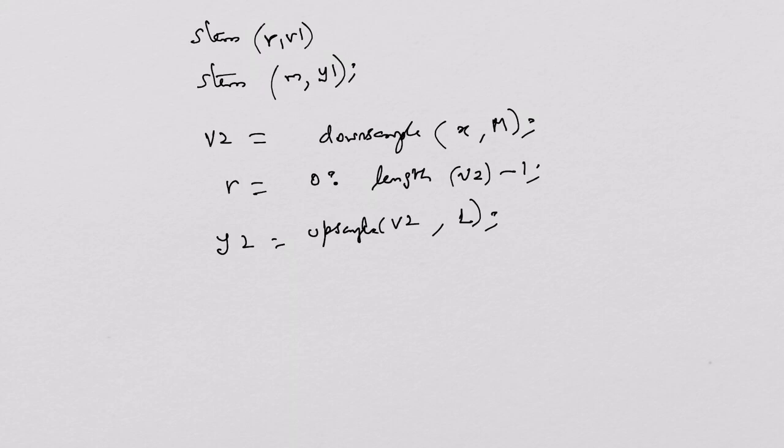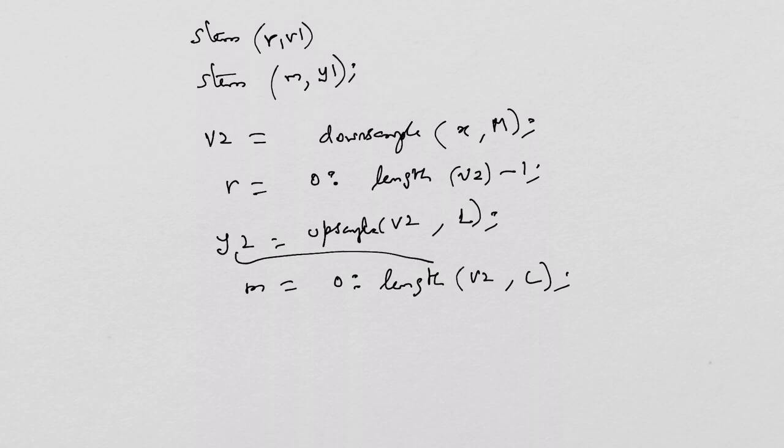We shall define small m whose lower limit is 0 and upper limit is length of v2 comma l. There comes a question whether v2 we have to use or y2 we have to use. It's necessary that the output signal will be of y2 most probably.